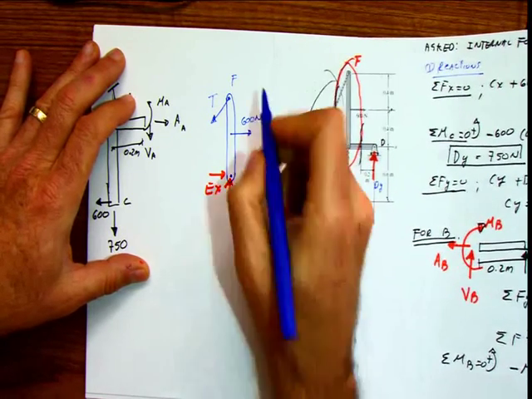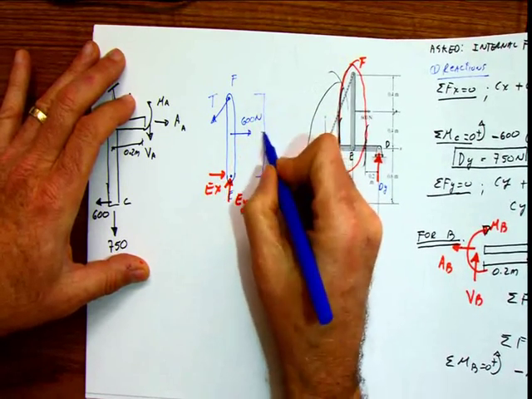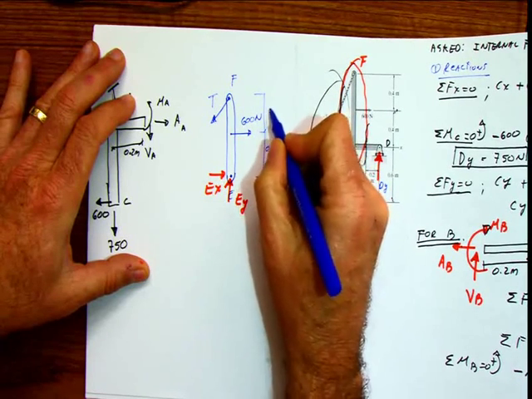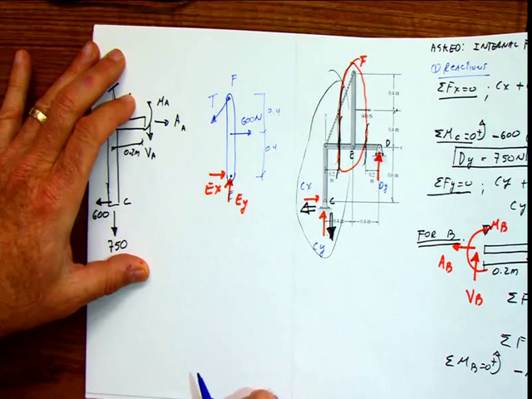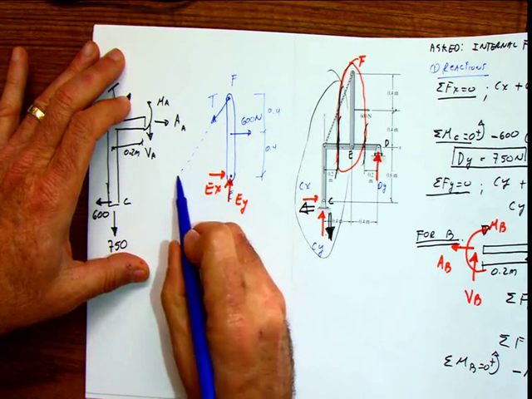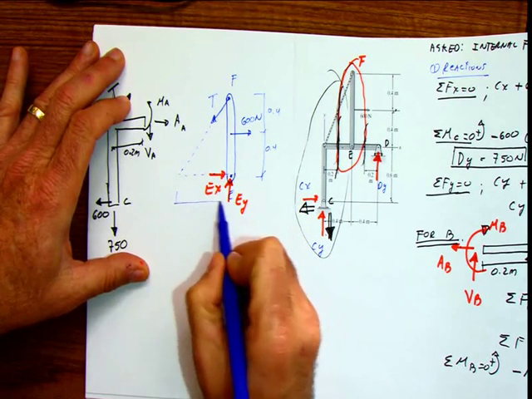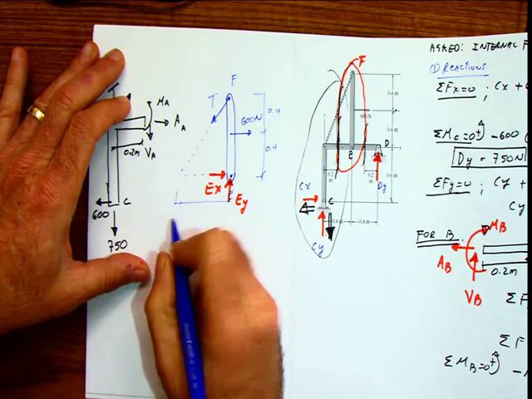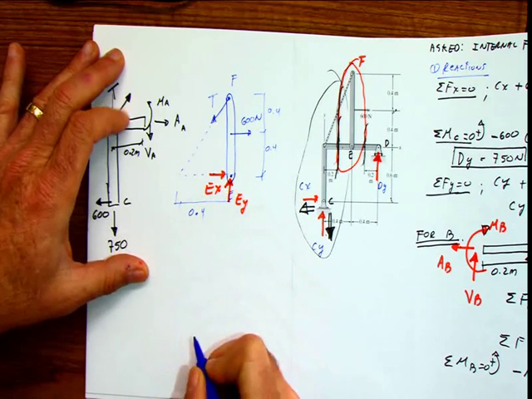And the distances are 0.4 and 0.4. And what else? Well, I had the distance that goes from this projection here. This distance is 0.4.